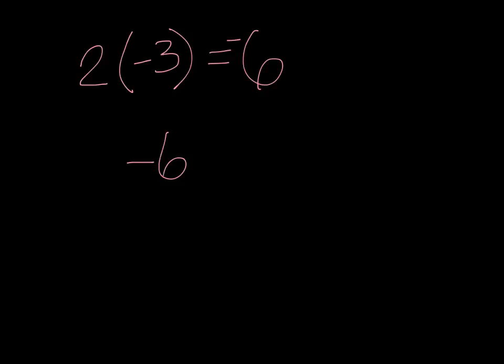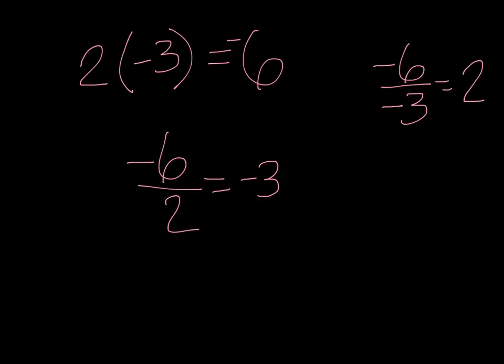The number line on the previous page showed 2 times negative 3 is equal to negative 6. That same number line actually showed that negative 6 divided by 2 is negative 3. But if negative 6 is divided by negative 3, we get a positive 2.